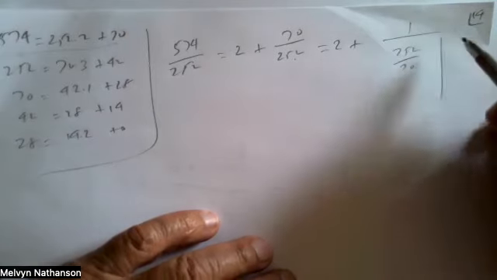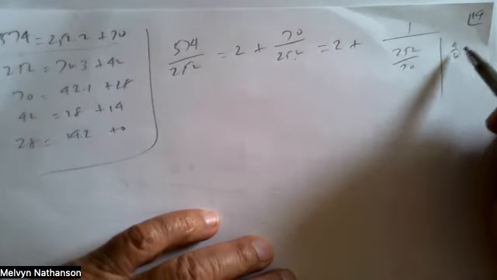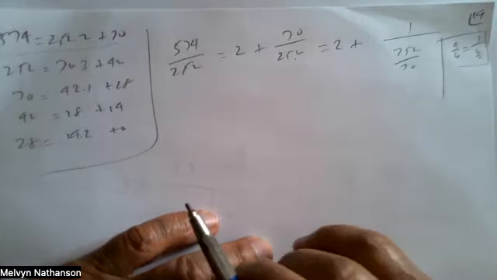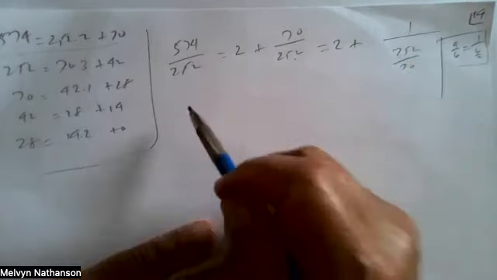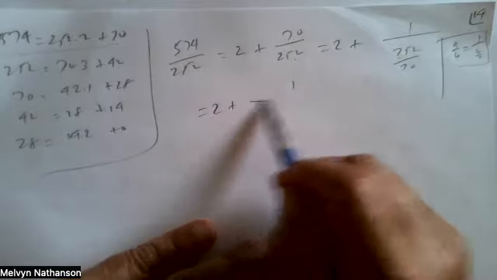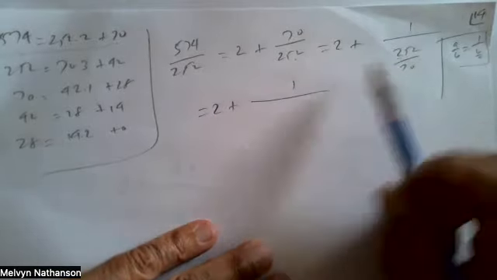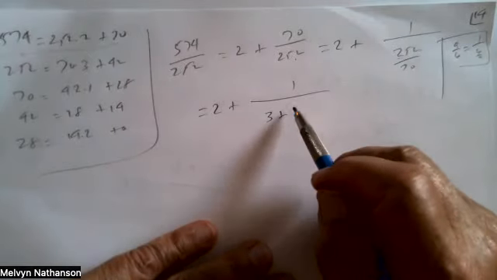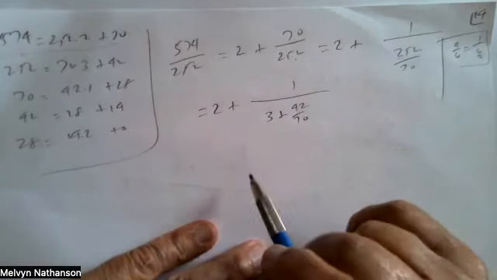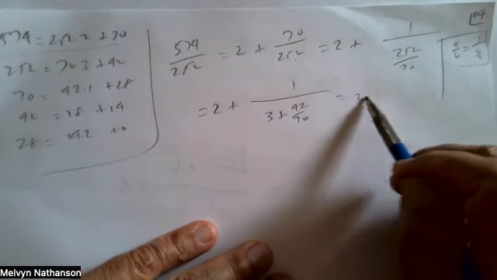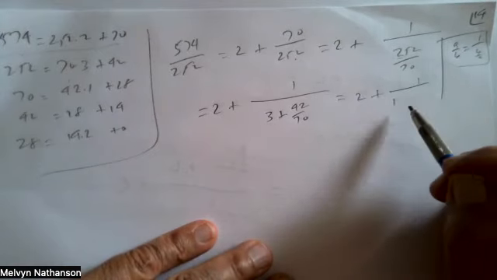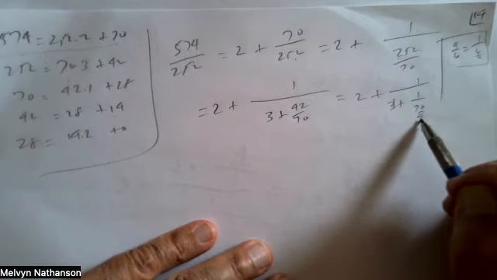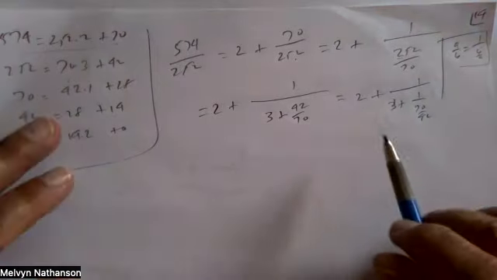Again, they teach you in elementary school that A over B is 1 over B over A. We just use that identity. This is 2 plus 1 over, what is 252 over 70? It's 3 plus 42 over 70. This is 2 plus 1 over 3 plus 1 over 70 over 42.